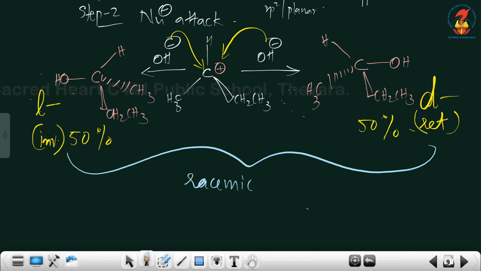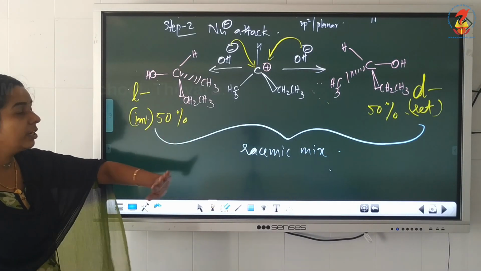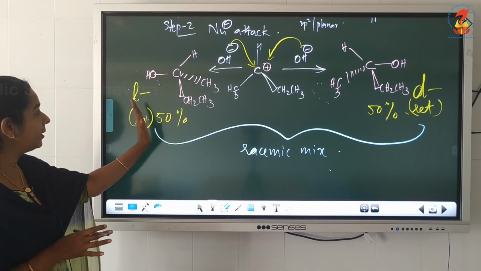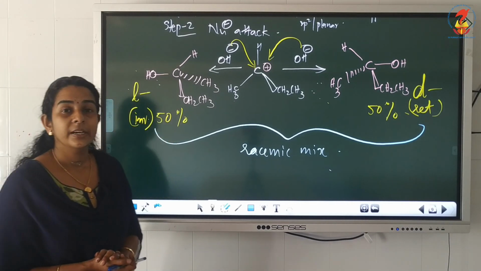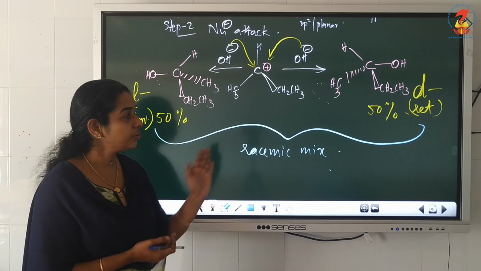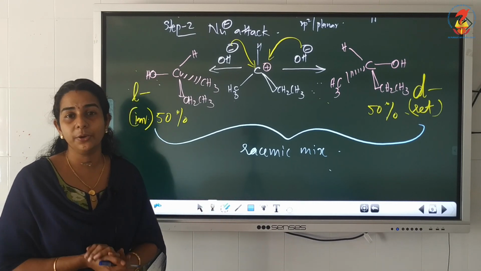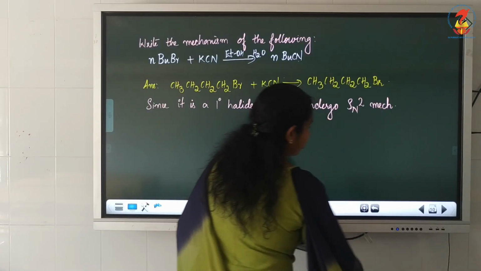Racemic mixture or racemization. In the reaction medium you will have half with inverted configuration and half with retention of configuration. So the resultant mixture will be called a racemic mixture.